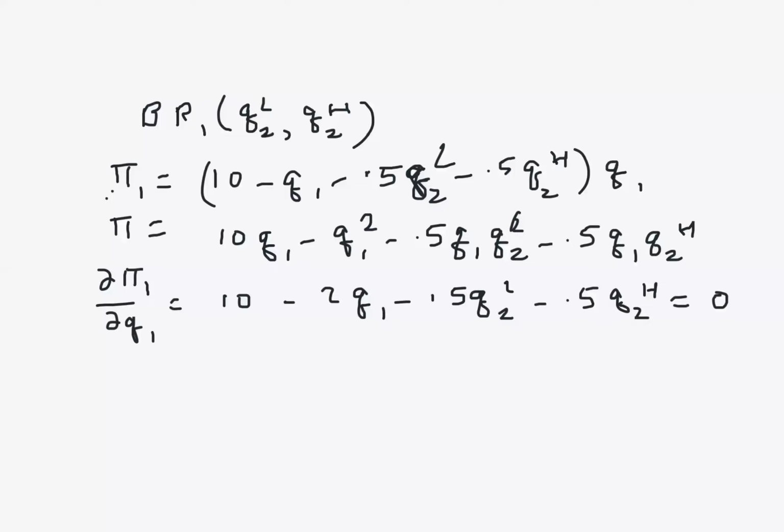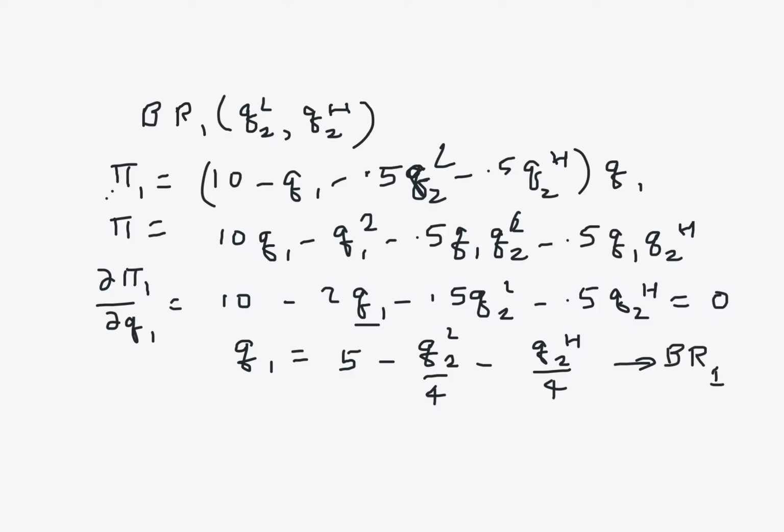So Q1 is going to be equal to 5 minus Q2L over 4, so you can write it as 0.25 times Q2L, minus Q2H over 4, same 0.25. All right, so this is the best response function of firm 1.